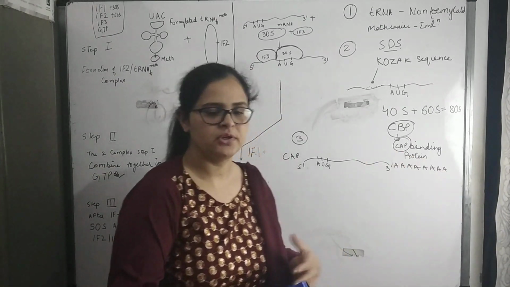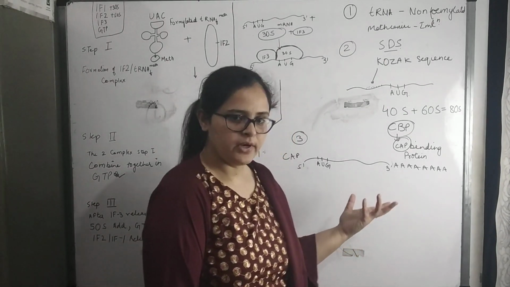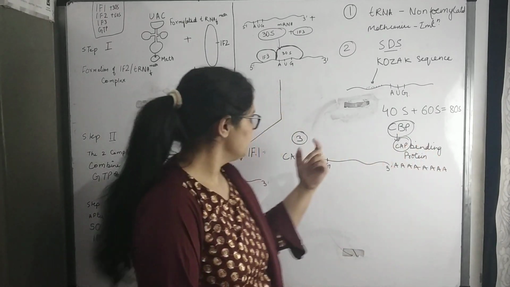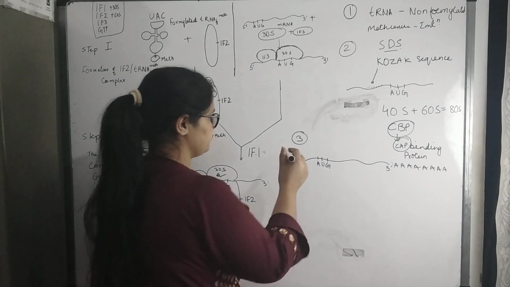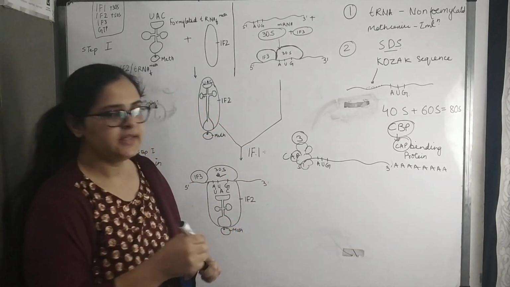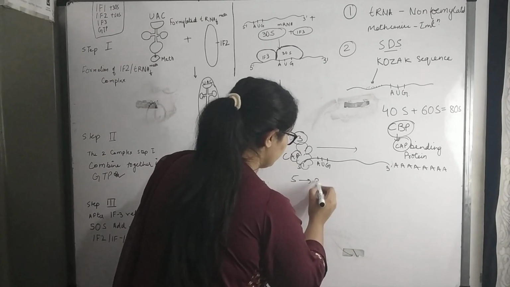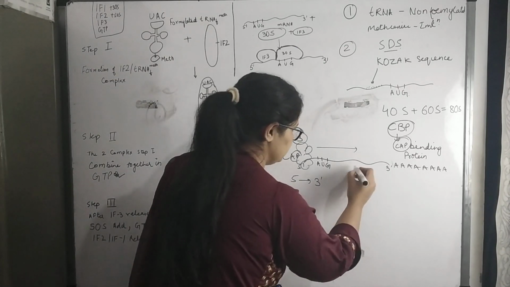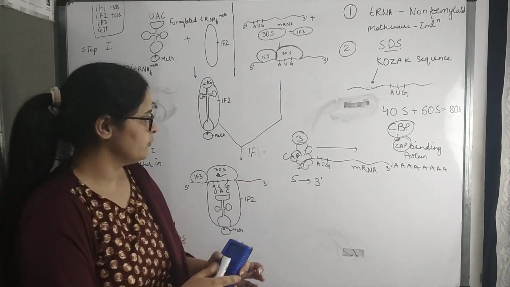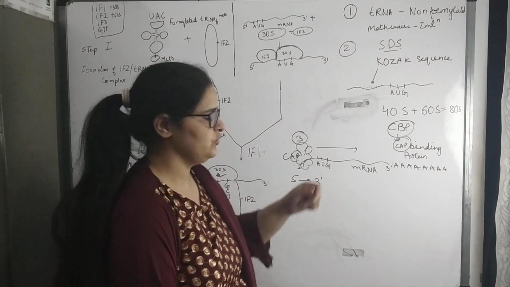So we are merging the initiation factors. Many factors are involved in eukaryotic protein synthesis, so simply we say cap binding protein. The cap binding protein will bind to the cap sequence, and they scan the mRNA sequence from 5' to 3' in search of the AUG.